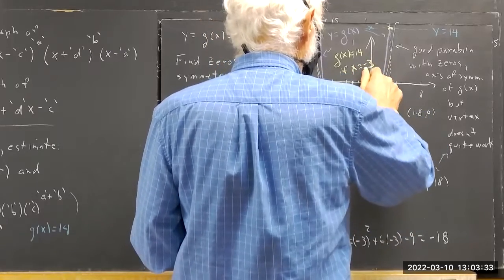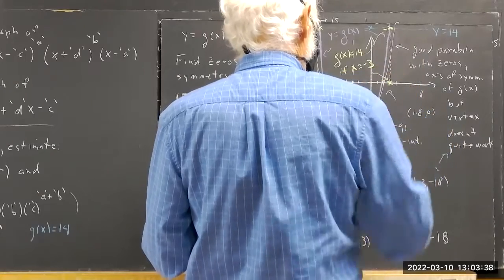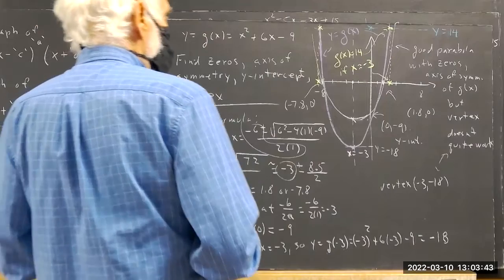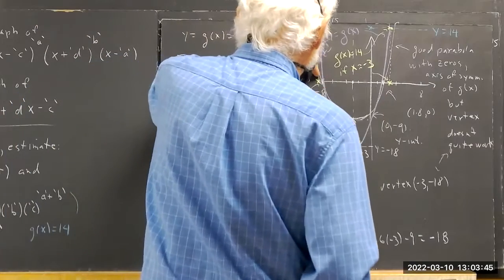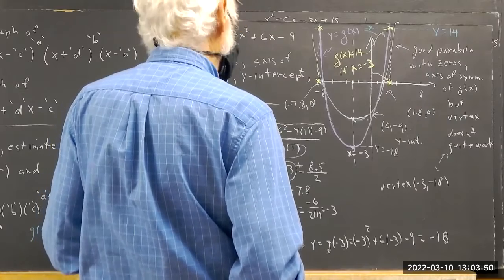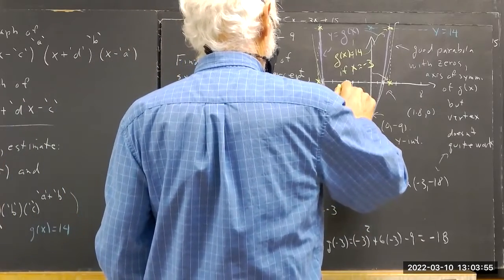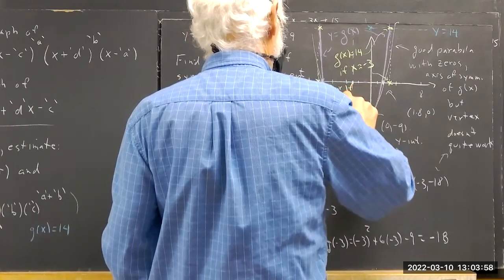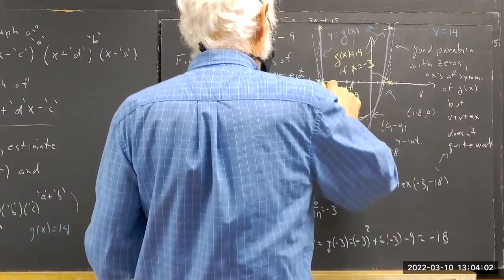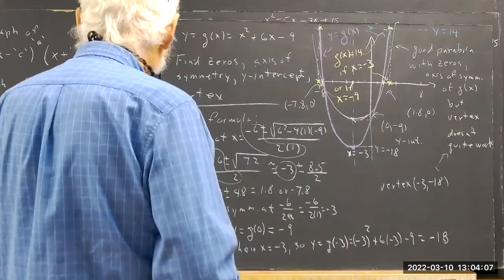So I can say that g of x equals 14, x is about -3, because this point and this point on the x-axis give me the solution. g of x equals 14 here when x is about -9. So x equals about -9, and we could check that out.